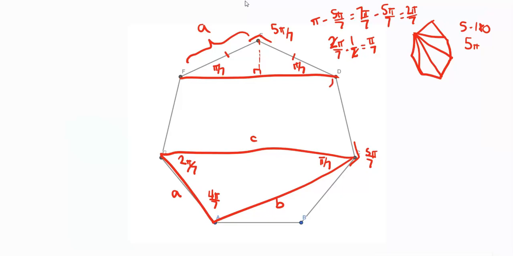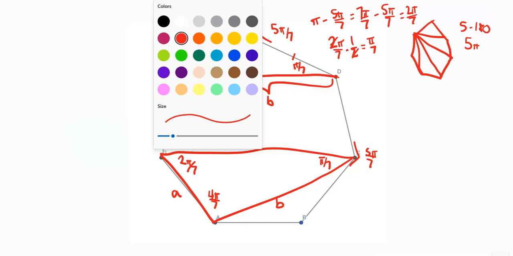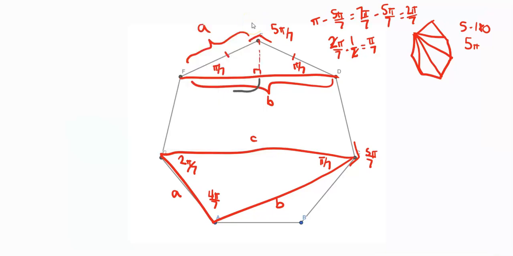Well, the thing is, the entire length of D to F is B. But we also have the length from the center here over to the vertex. Well, that has to be half because we're dropping the altitude from the vertex of this triangle, EFD, down to the center point.